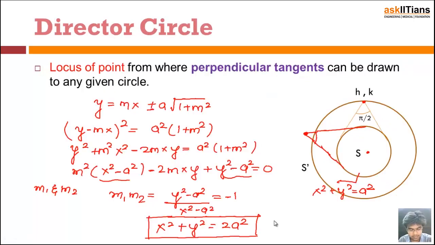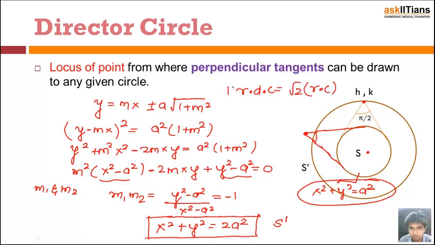And this S dash has a radius root 2 times the radius of S. You can see that the radius of S is a and the radius of our director circle is root 2 a. So the radius of the director circle is equal to root 2 times the radius of the circle, that you know. This is a very important result and you need to remember this always. What is the director circle and what is the radius relation?